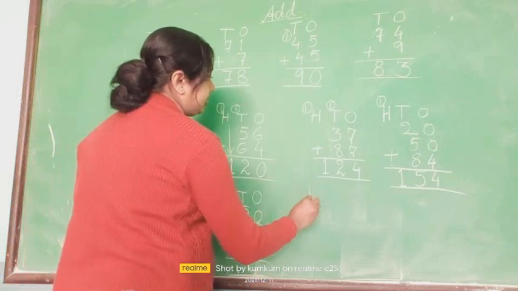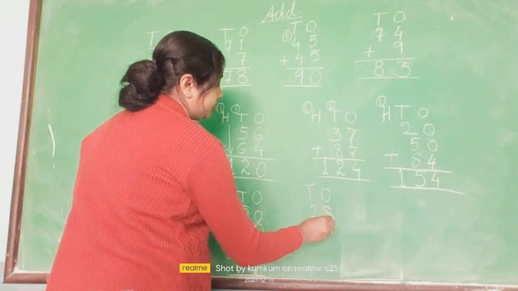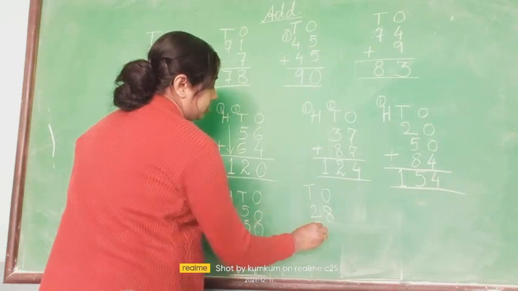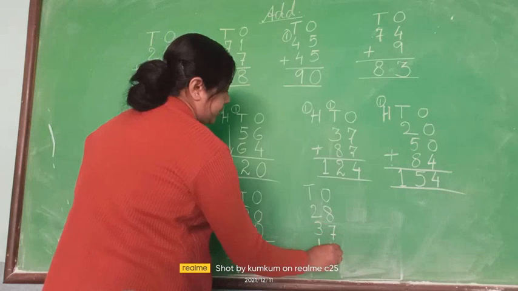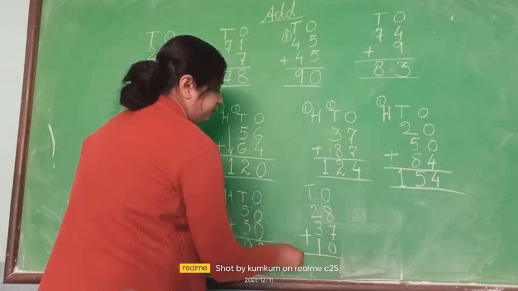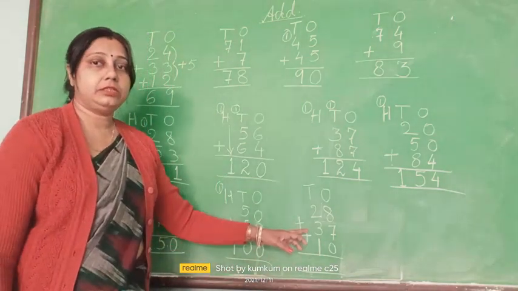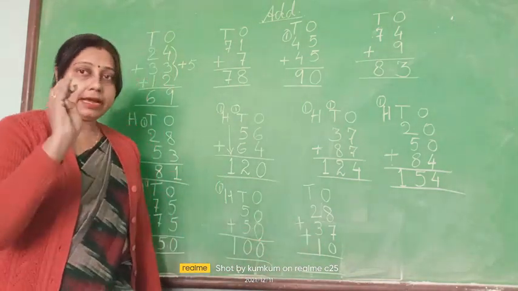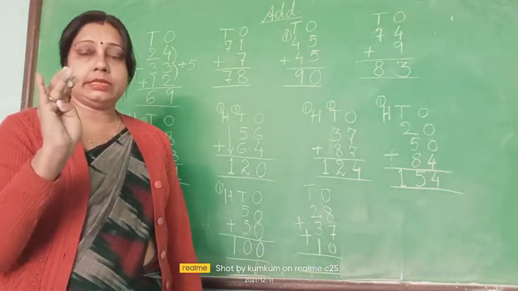Now one more 3 digit sum, let us practice. 28 plus 37. Now after 8 you have to count 7, 9, 10, 11, 12, 13, 14, 15.